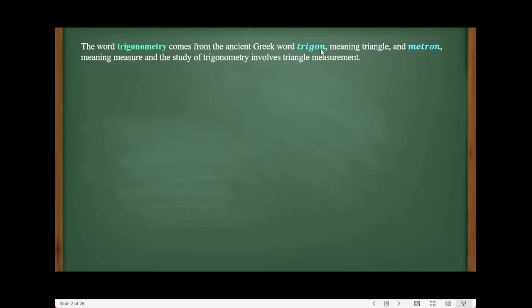When you put these two words together, we have trigonometry. Again, trigon means triangle, and metron means measure. So basically, the word trigonometry means triangle measurement. Trigonometry involves the study of triangle measurement.